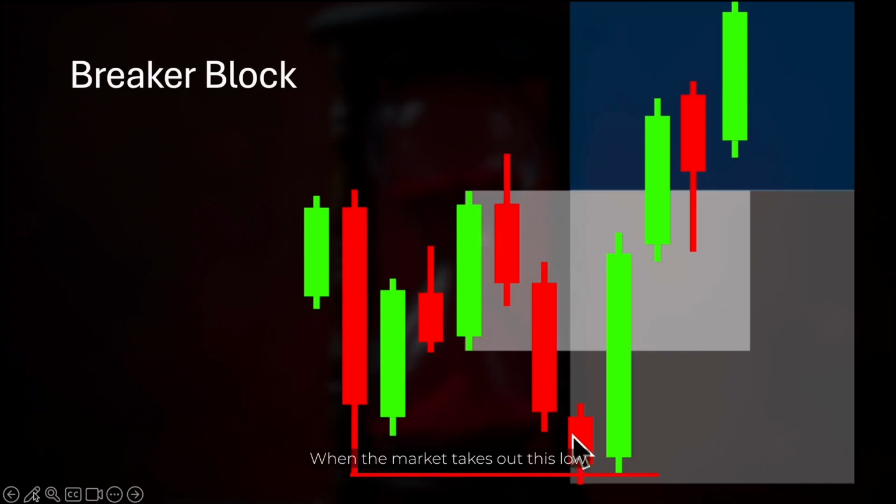When the market takes out this low and we see it then displace above this old high, which set up that final expansion lower, the last upclose candle right here becomes our bullish breaker. When the market retraces into that upclose candle, that right there is a potential buying opportunity. Our stop loss gets placed below the smart money reversal right here, and that's the safest stop which there is.